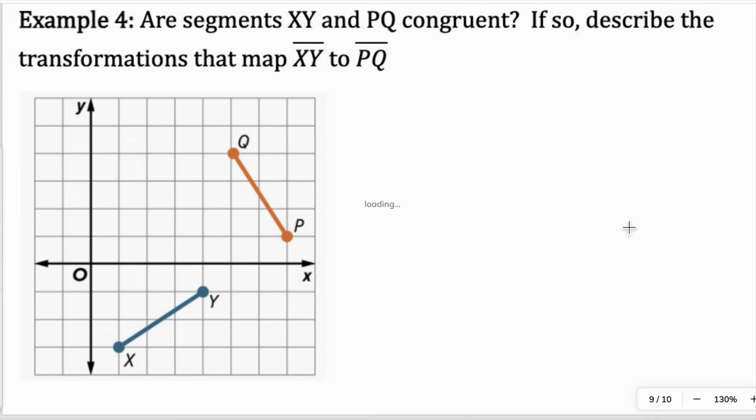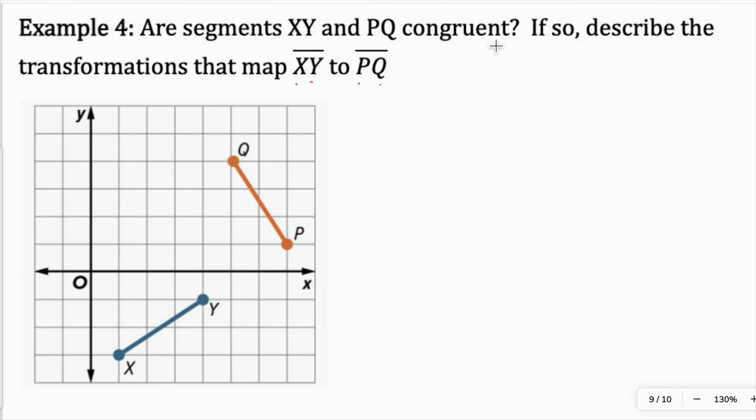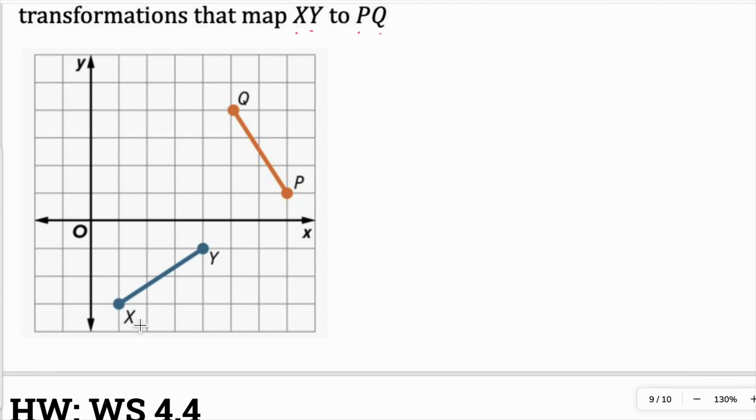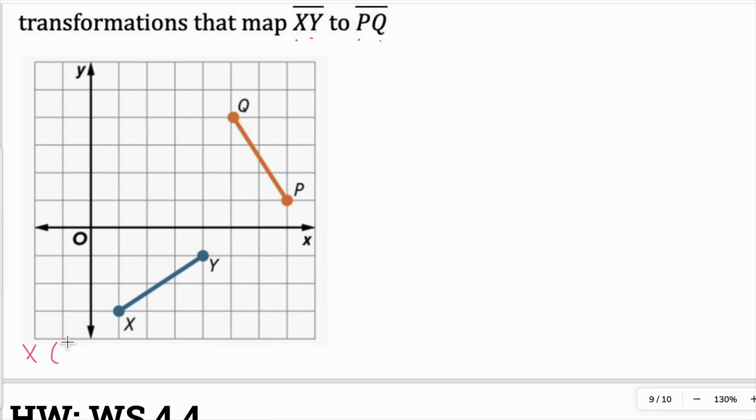In example 4, are the segments XY and PQ congruent? If so, describe the transformations that map XY to PQ. So that means X has to match with P and Y has to match with Q. The first thing I would want to do is make sure that they are congruent. So you would use the distance formula here. X is at 1, -3, and Y is at 4, -1.